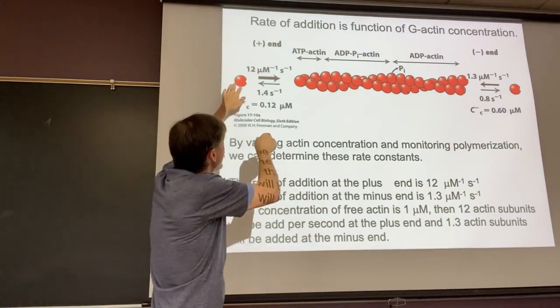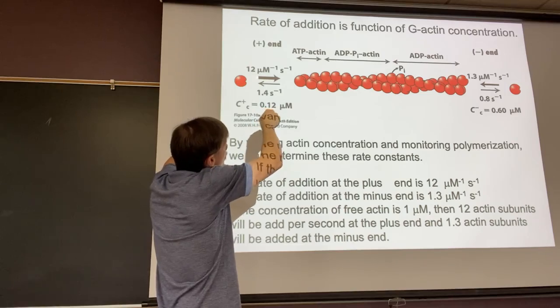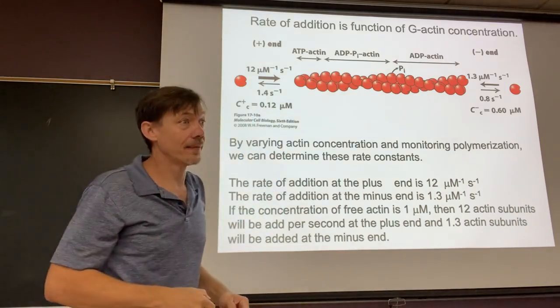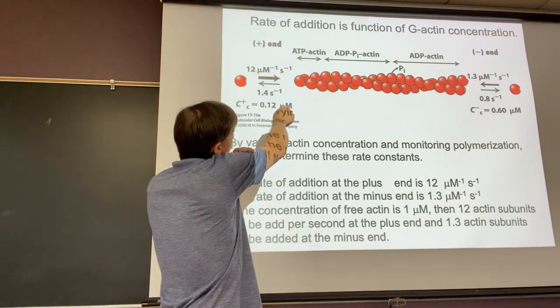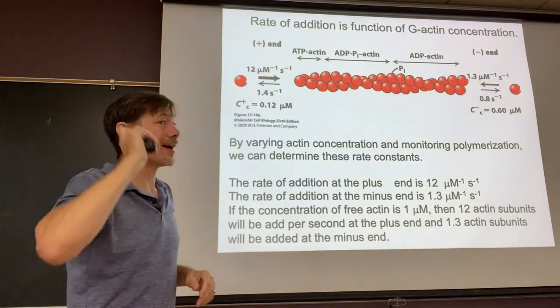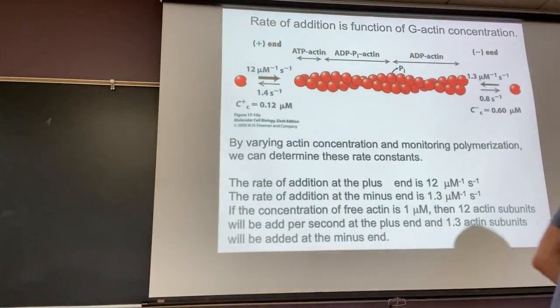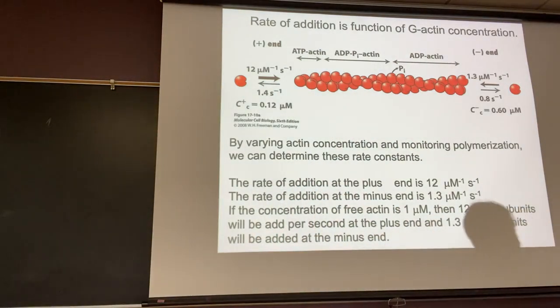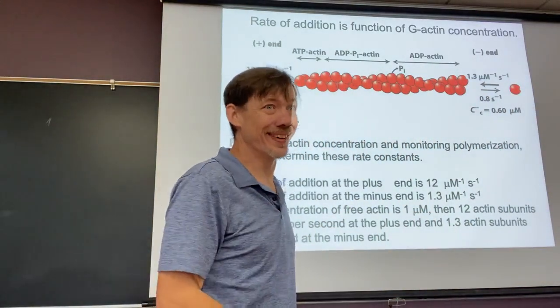And what we have here is 12 per micromolar per second. I'm just going to pause here. Do you understand, if you see an S-1 superscript, what that means? What does that mean? A read per second. Exactly.